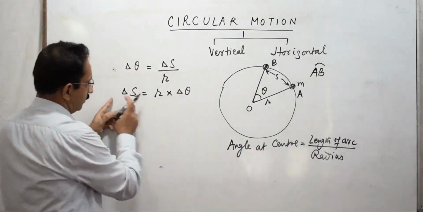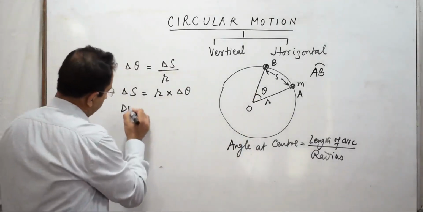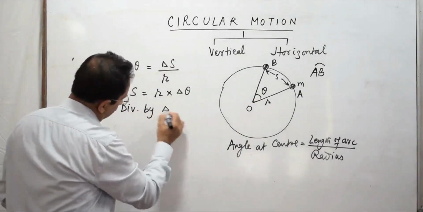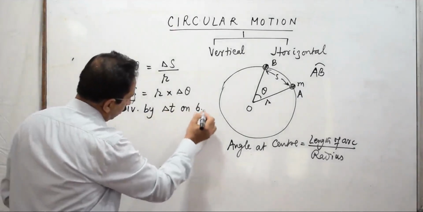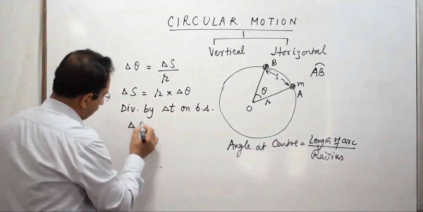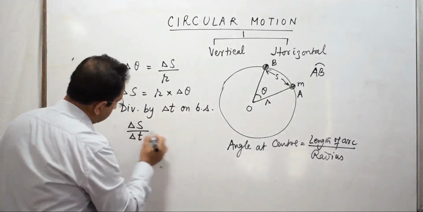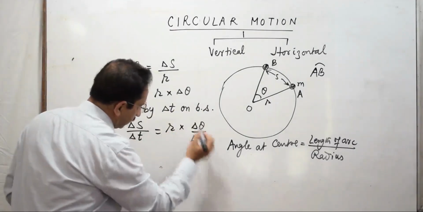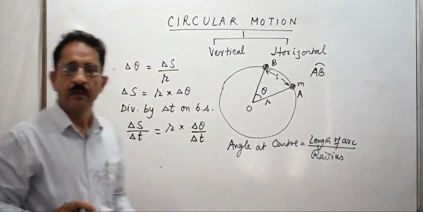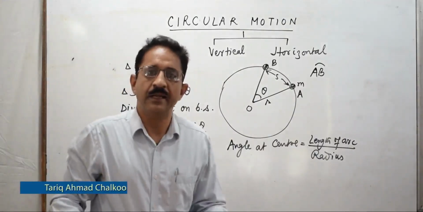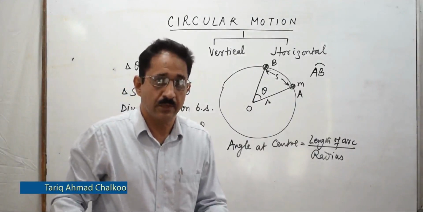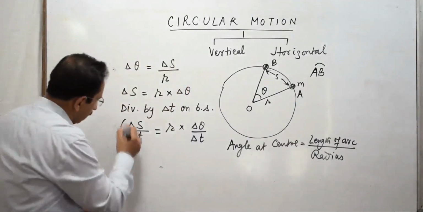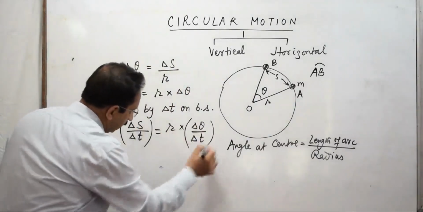So this is the relation between the three quantities. Now if I divide by delta t on both sides, I get delta s divided by delta t equal to r multiplied by delta theta divided by delta t. If I further bring in a limit, delta t tends to 0, that means the time over which this change took place was very small.